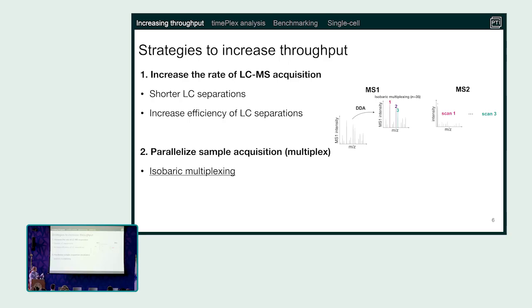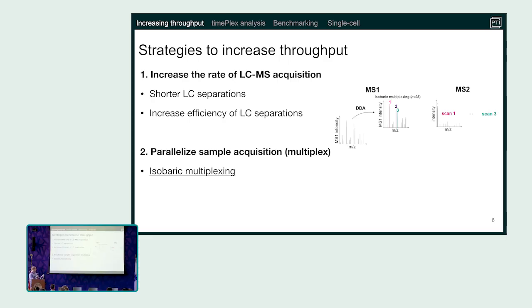A common way of achieving this would be isobaric labeling, in which case you'll use TMT and have a 35-plex, for example. Once you combine them, you have a superposition that's observable at the MS1 level. You can fragment these charged peptides and get sequence information, and you'll get quantitation that is specific to each individual sample.